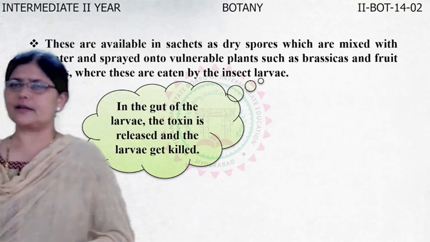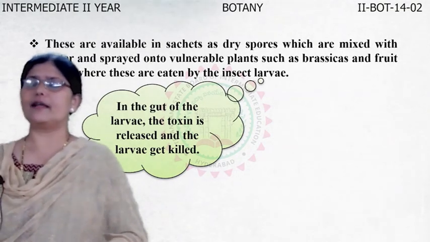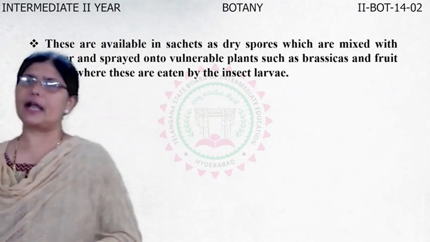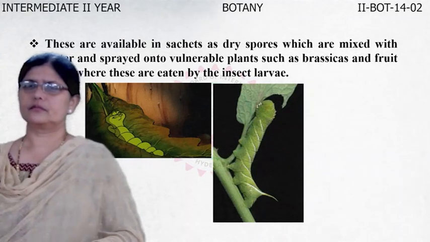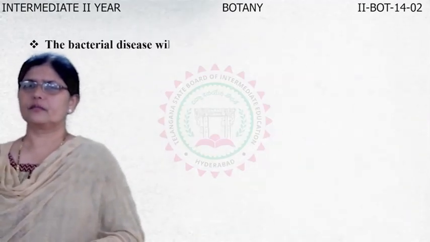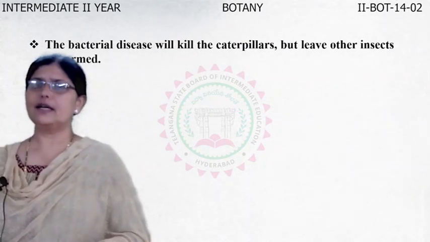In the gut of these larvae, the toxin is released and the larvae get killed. In that manner, the biocontrol takes place. So you can see in the picture. The bacterial disease will kill the caterpillars but leave other insects unharmed.